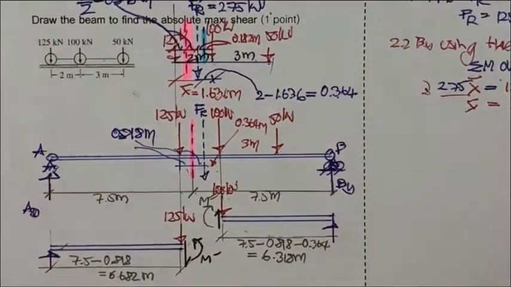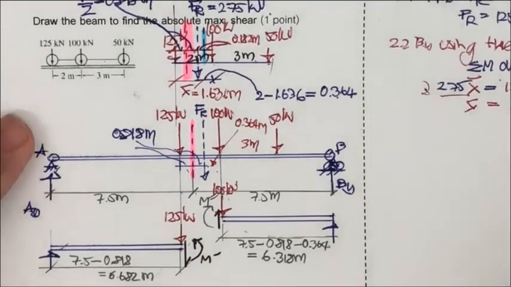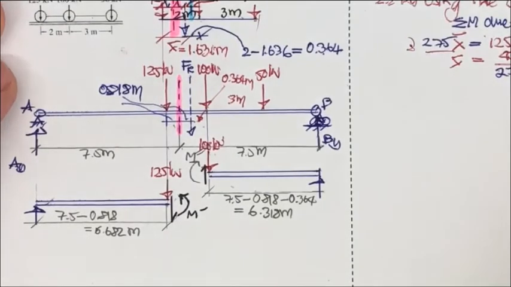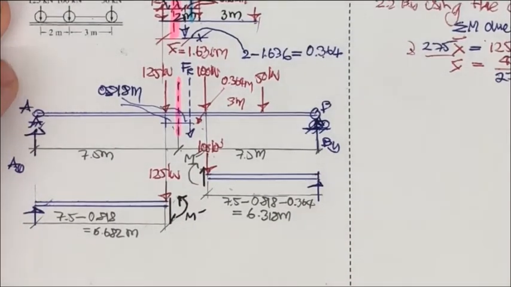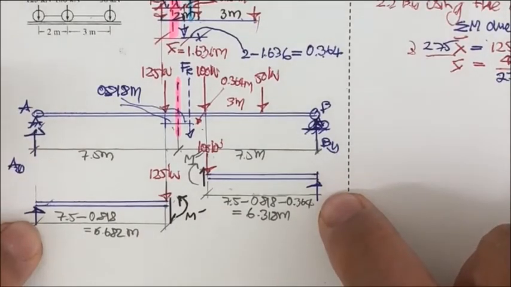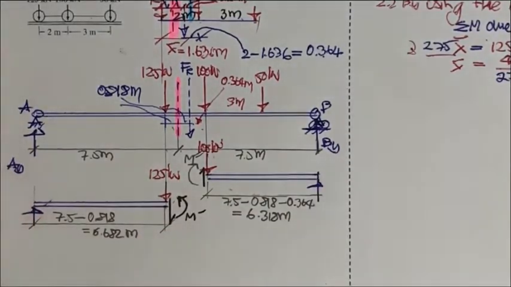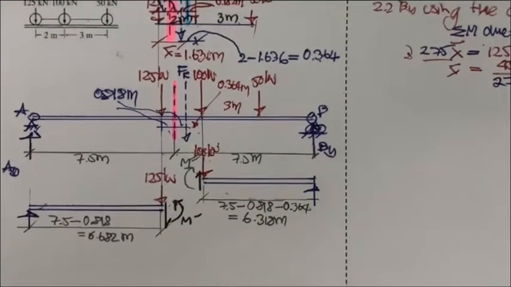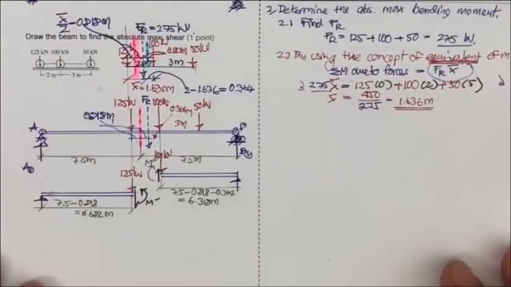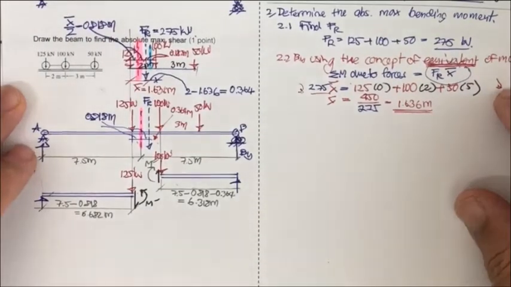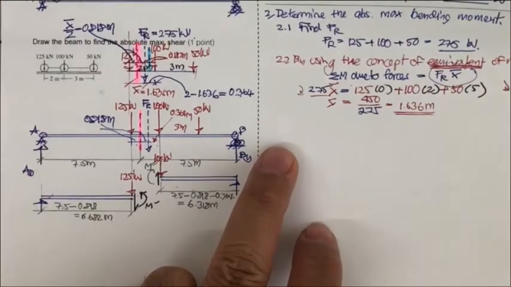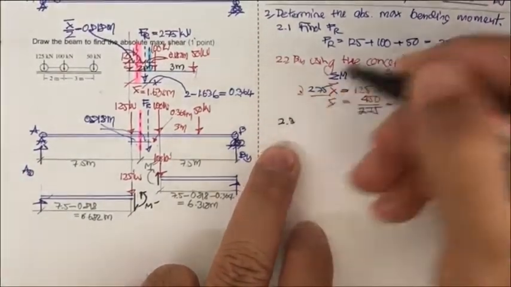Okay, now we have all the required free body diagrams, and we're going to determine the reactions, and when we get the reactions we can determine the M prime and M double prime. Let's try to zoom out a little bit and move it like this. So next step, we're going to have the 2.3.